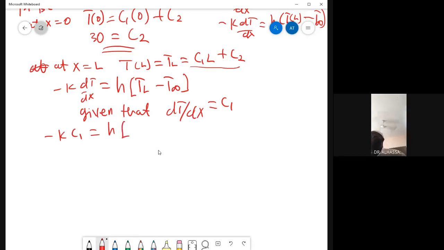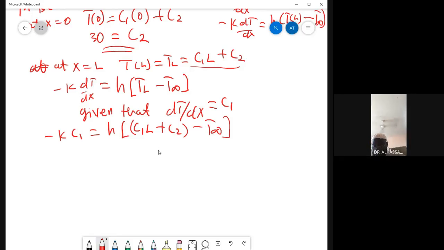TL gives me C1 L plus C2, and then minus T infinity. But we know C2 to be equal to 30 degrees, and then we have to determine C1. Later on we will substitute into the equation.